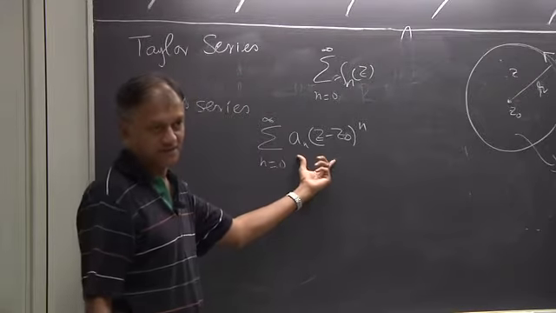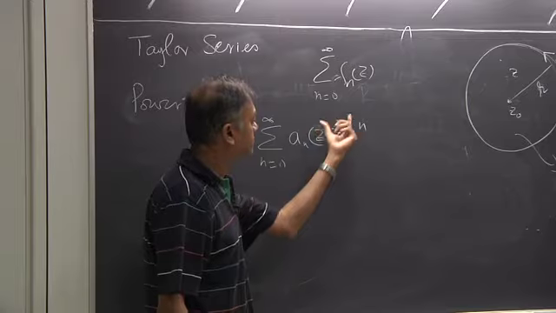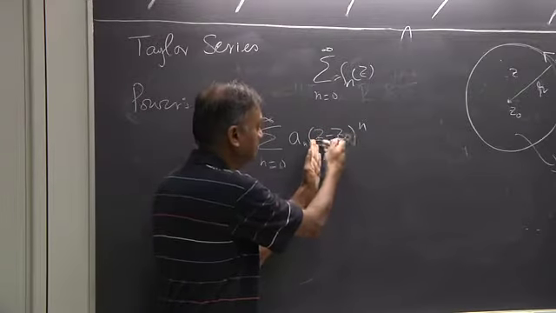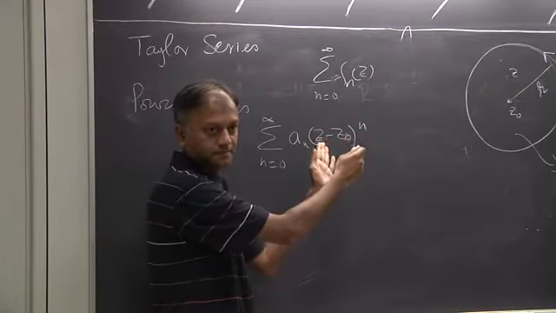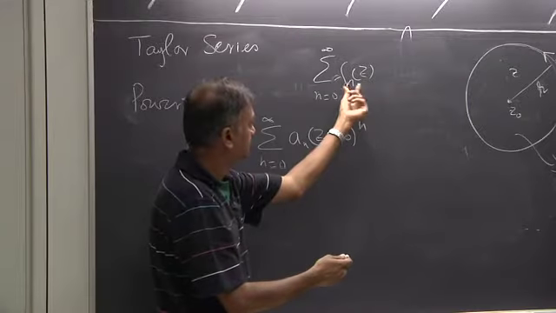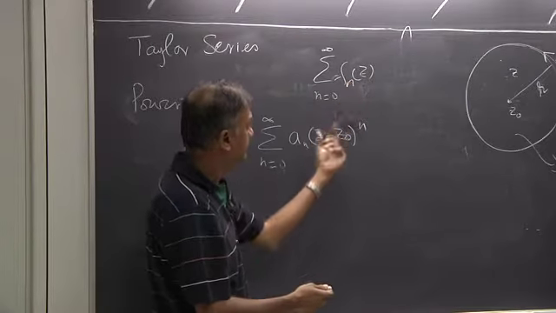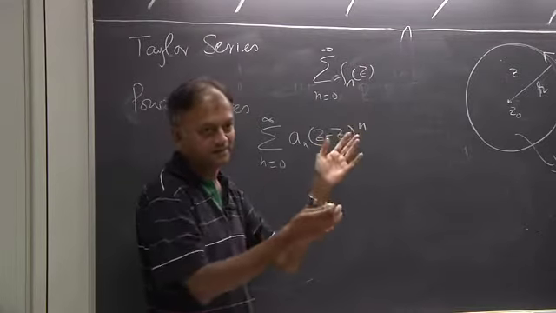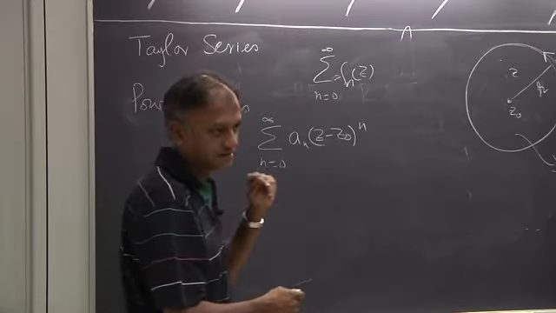It is called a power series because it's the powers of z minus z naught. Each term, the nth function, is simply (z minus z naught) to the n.